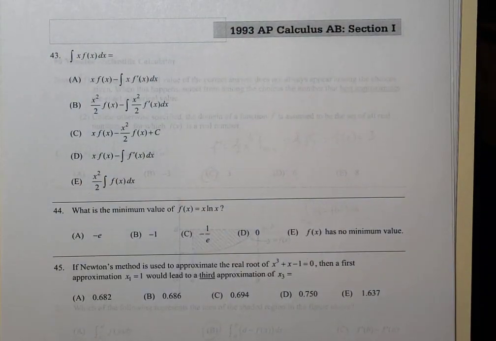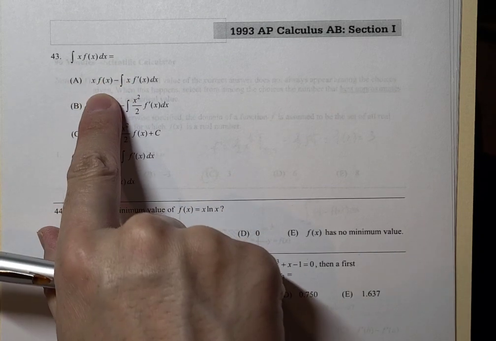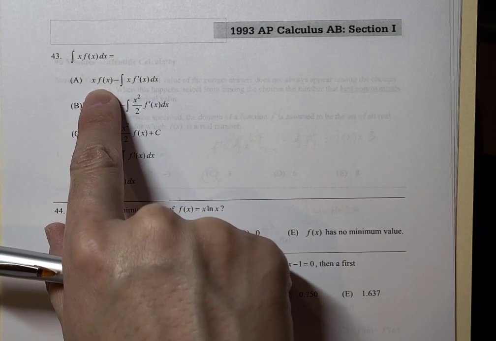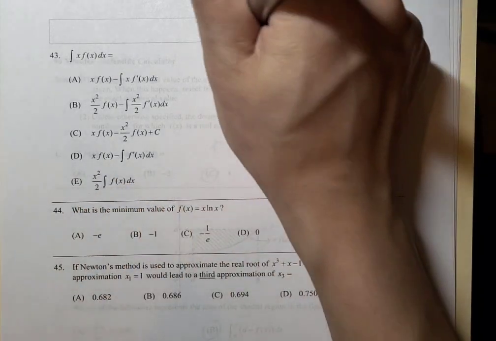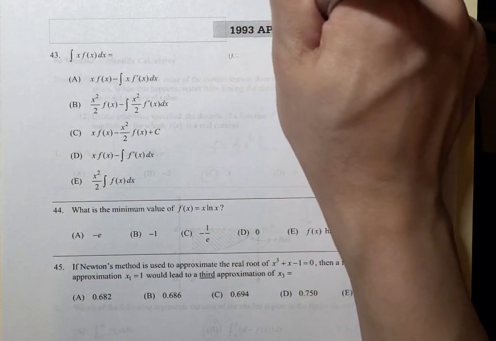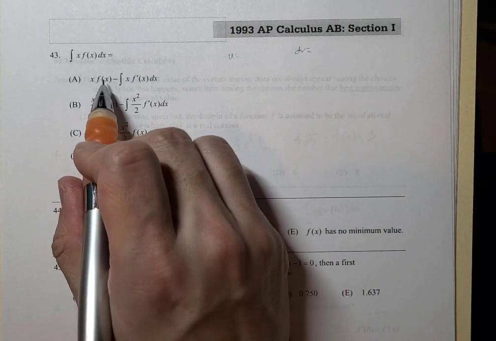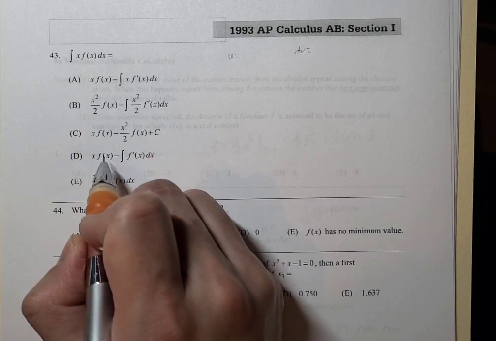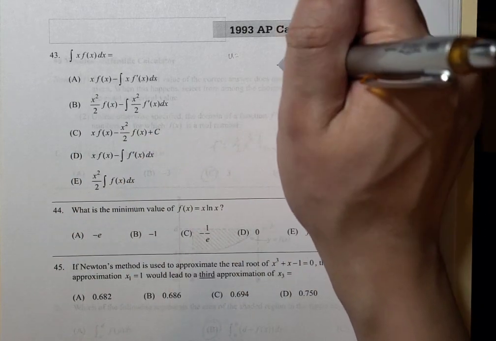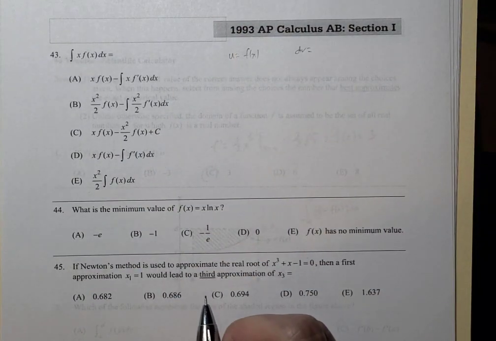This one, the integral of x f of x dx, looks like integration by parts right away because we have a product of two things and it looks like we have uv minus the integral of v du. Okay, so which one's u, which one's dv? Well, it looks like all the first terms, besides this one, there's only one term, are f. So we probably want u to be f.